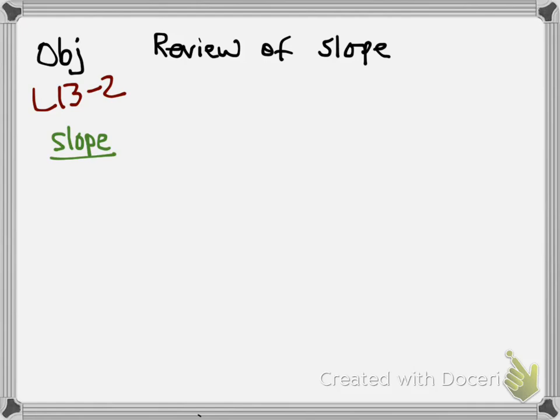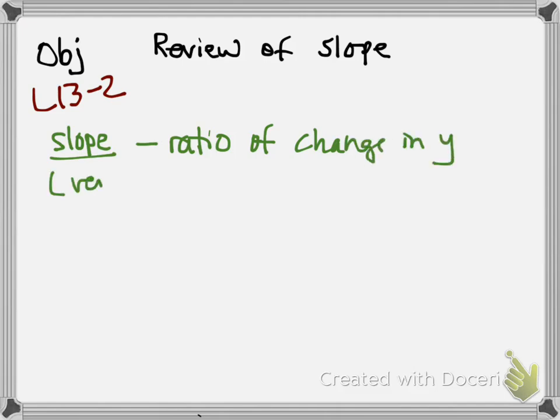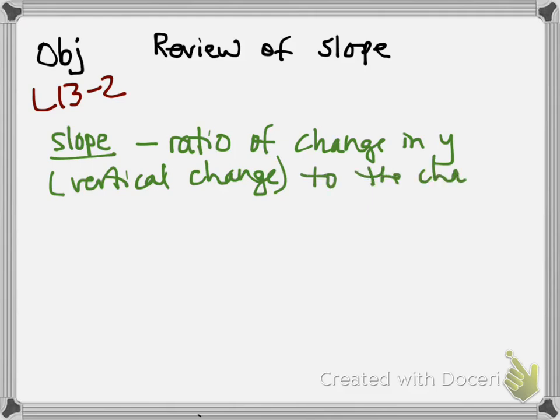So basically, it is a ratio of the change in y, which would be the vertical change, to the change in x, which would be a horizontal change.